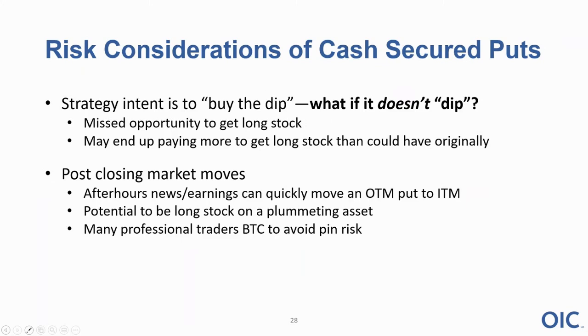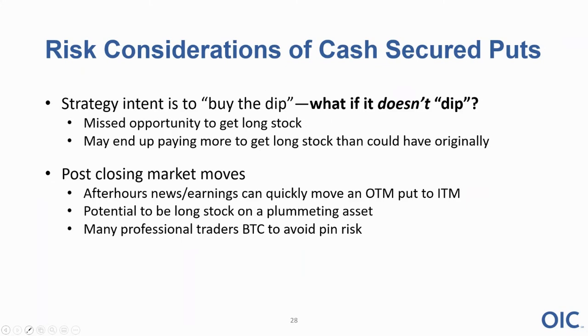That's BTC, buy to close. It's not Bitcoin, to avoid that pin risk. And pin risk is simply the risk that a short option writer has when the stock price is very close to their strike price, and they don't really know whether or not they're going to get assigned. So there's that risk that the strike gets pinned by the stock. And the easiest way to avoid this is to simply close out the position ahead of time.